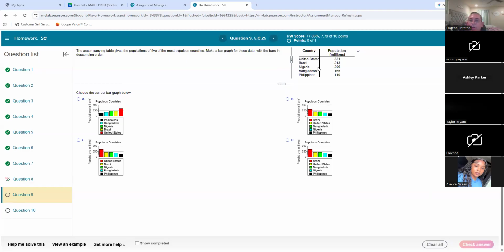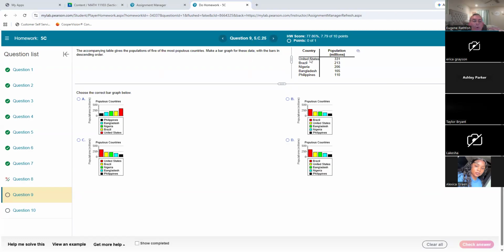All right, so this one sort of gets you familiar with these bar charts. So this is five of the most populous countries on this little table at the top, and they want to make a bar graph for the data.